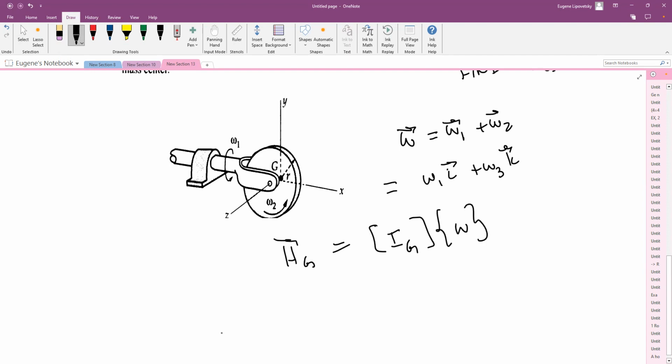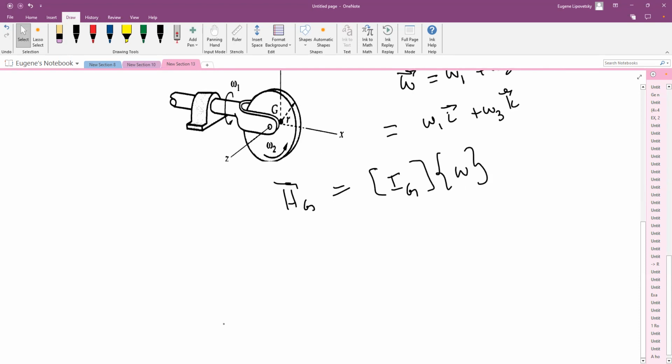So we need to write down what's the I about G. And that will go through the tables for the disk. And so let's write it down a little bit more explicitly. It's clear that these are principal axes.